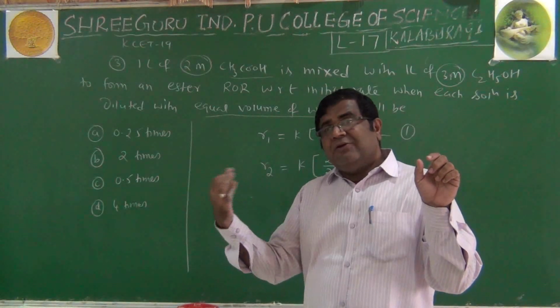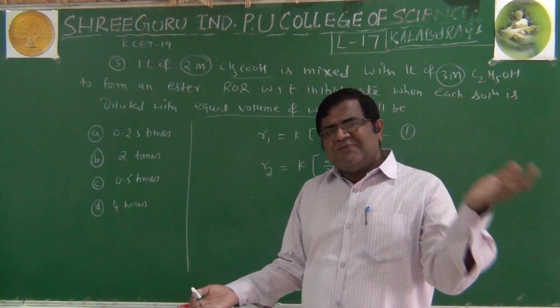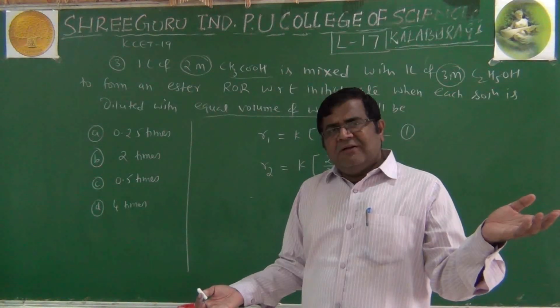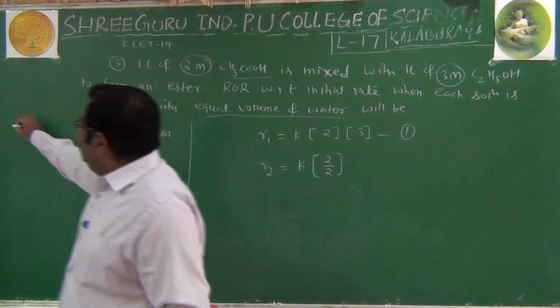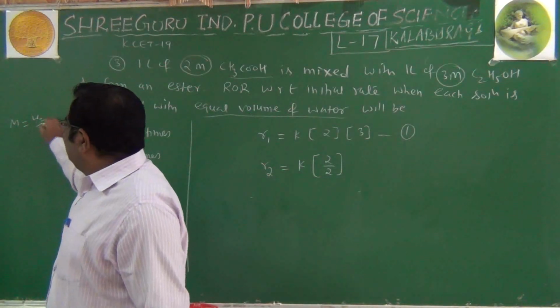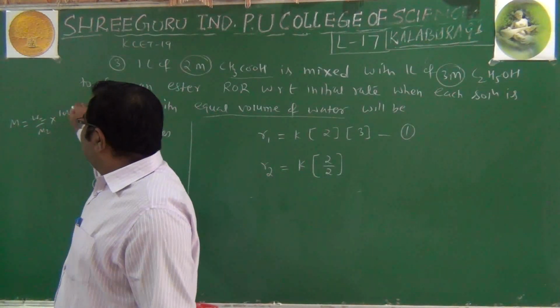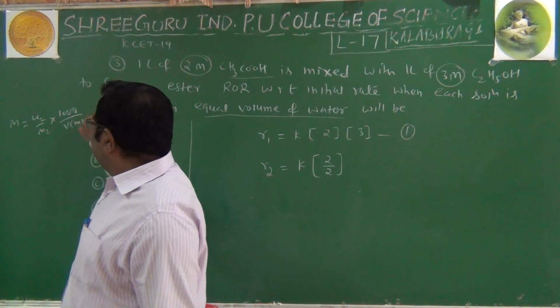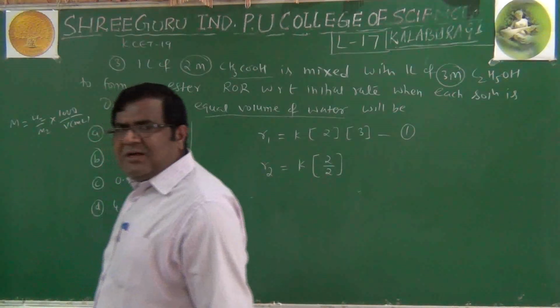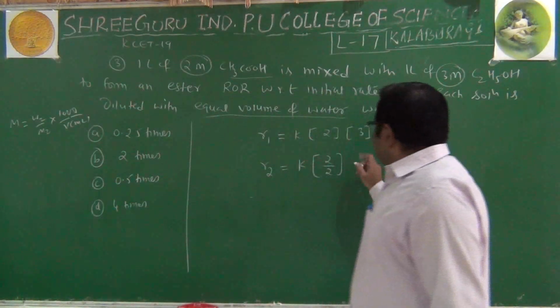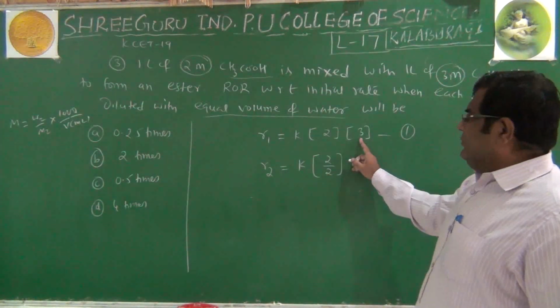The volume we made 2 times, so molarity becomes half. I am referring to the formula M equals W2 by M2 into 1000 by volume in milliliter. By keeping this constant, this becomes half. The same thing happens to this also.